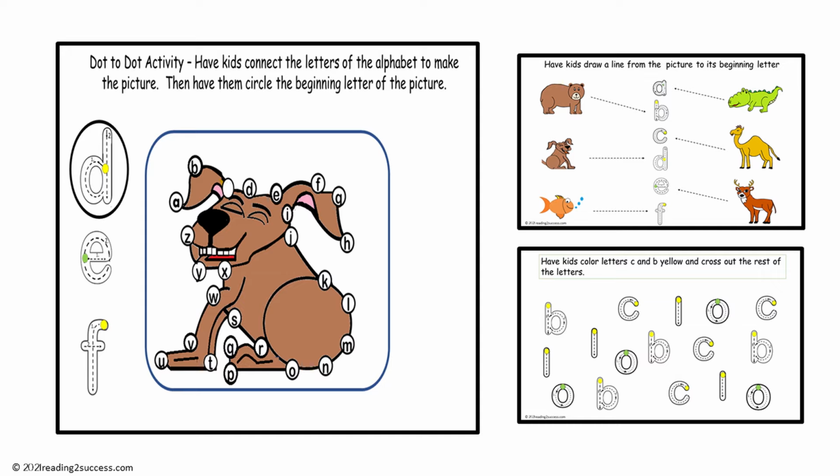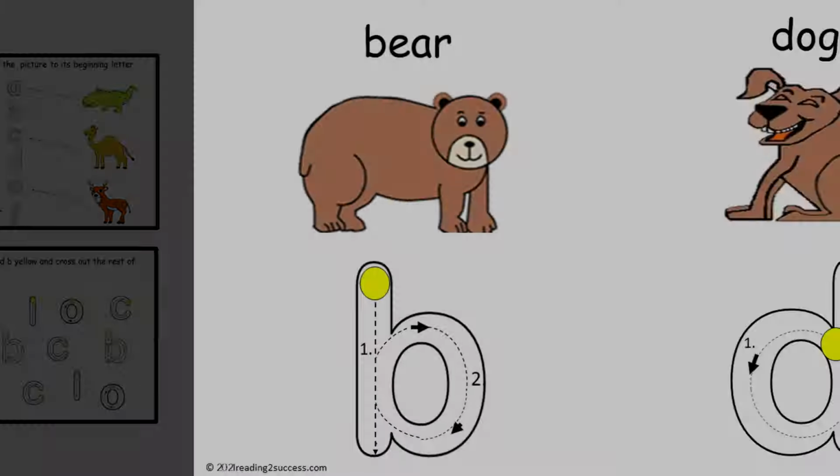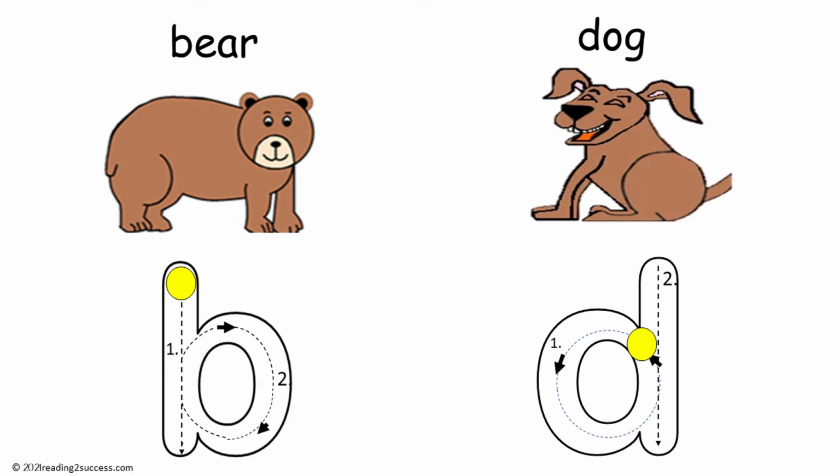Next, there will be activities to practice letter identification. Since these activities focus on lowercase letters, it is important to note that kids often confuse the lowercase letters B and D. It is common. That is why it is important for them to practice their formation to learn to differentiate between them.